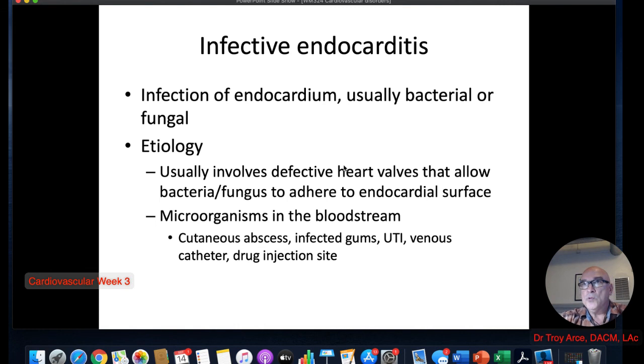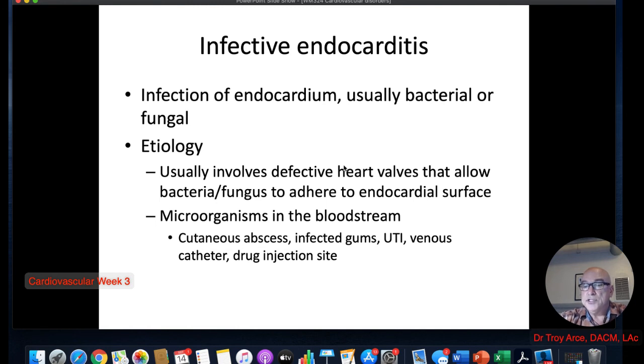This is an important one. Infected gums. Dentists are all over you these days about avoiding heart issues, avoiding infective endocarditis by getting your teeth cleaned, keeping your gums healthy. UTI. Interesting, right? It could be caused by a venous catheter.